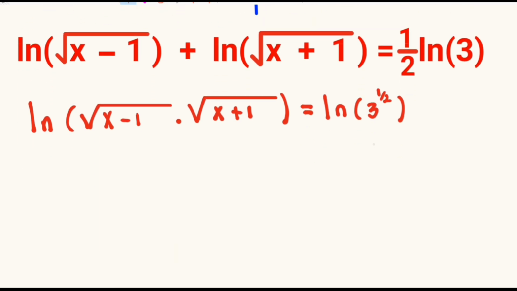And we know that the square root of a multiplied by the square root of b is equal to the square root of a multiplied by b.